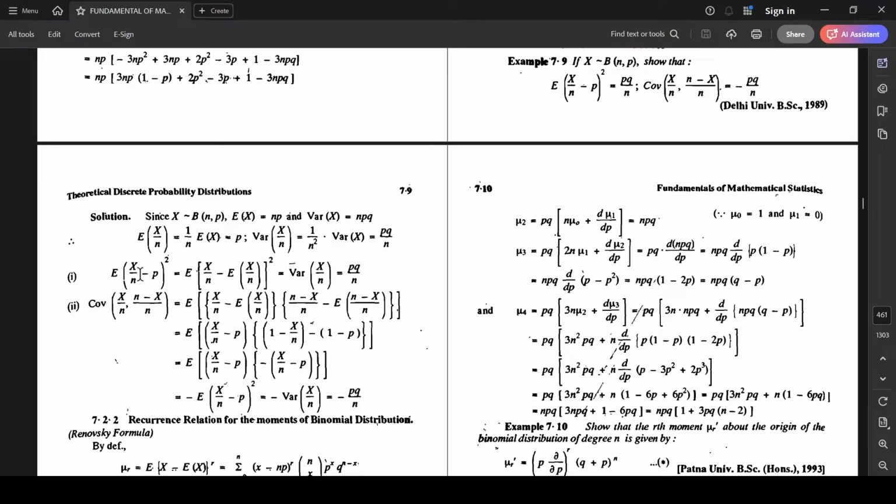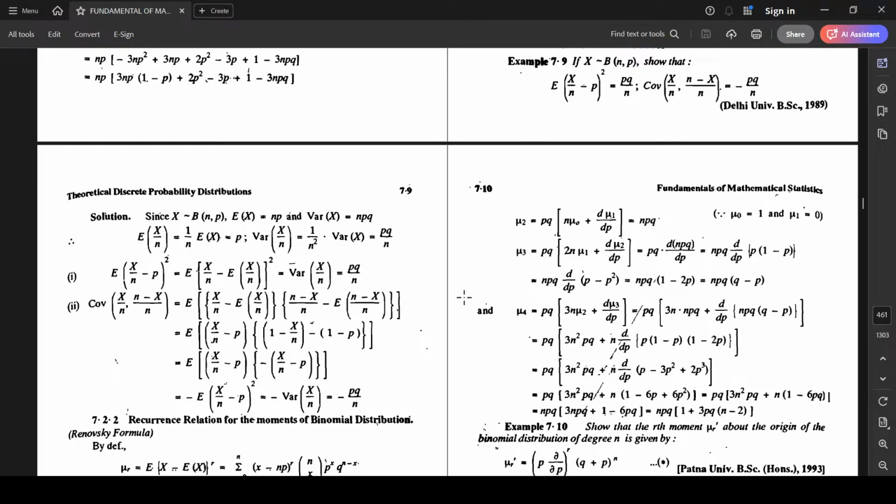So we replaced this p with E(X by n) and its square. It equates to variance, so we have to prove this also. We have to equate it with pq by n. So variance of X by n is pq by n.